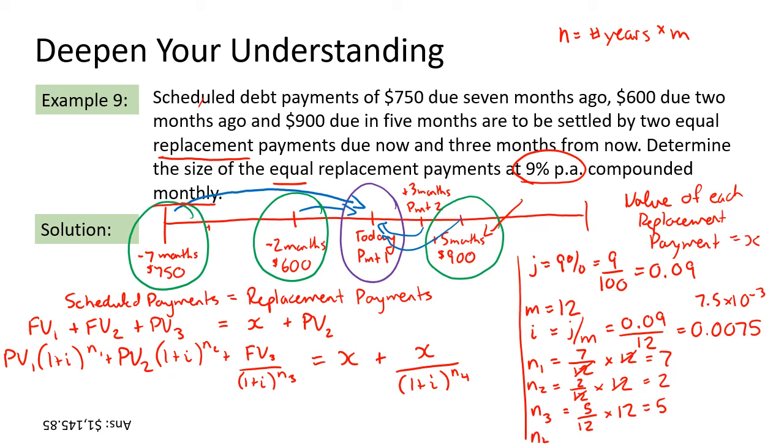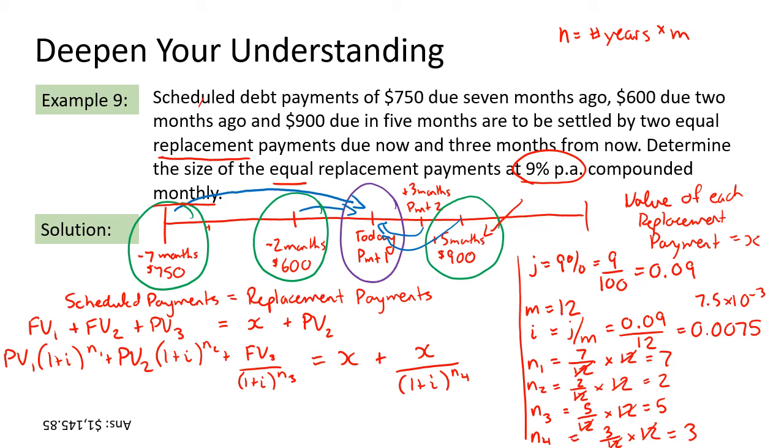And our last one, N4, which is the second payment that we have to make when we're consolidating and we're bringing it to our present value. That's 3 months from today. So that's equal to 3 divided by 12, multiplied by the number of compounding periods per year, 12. And again, as in all of these examples, the 12 cancels, and you get N4 of 3.